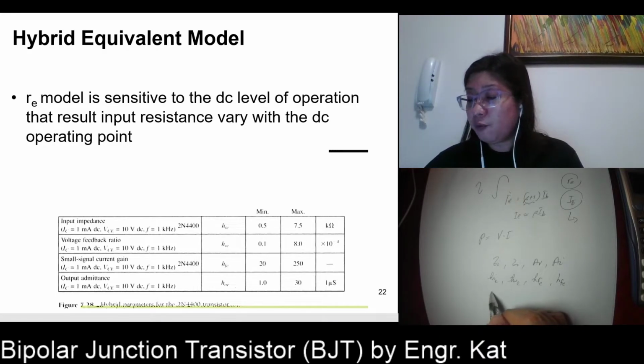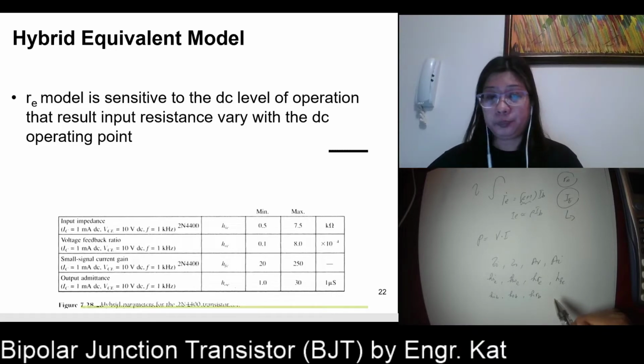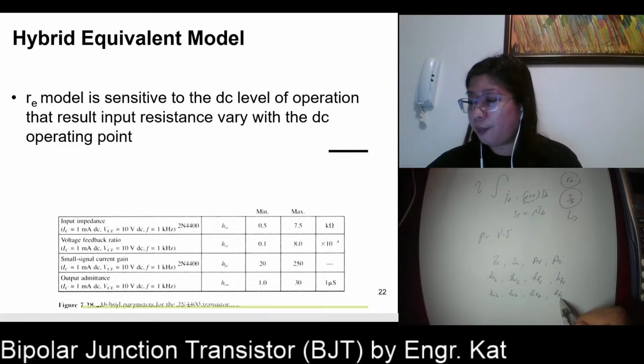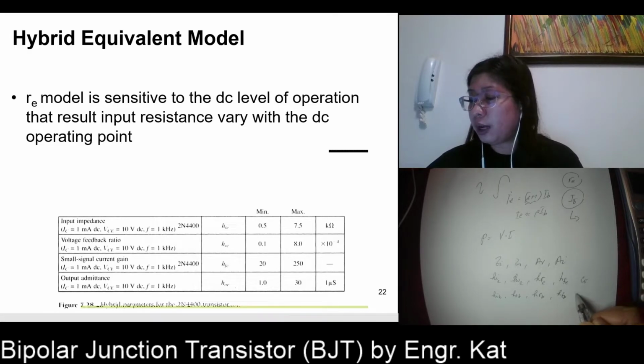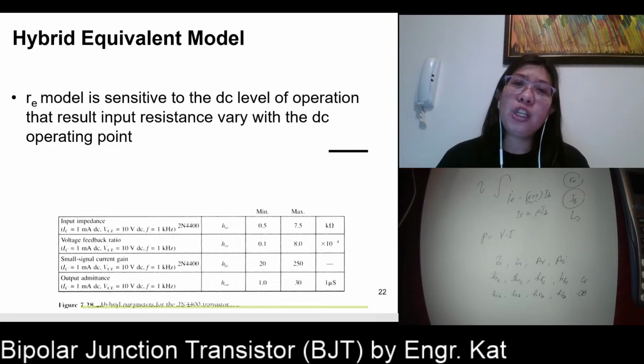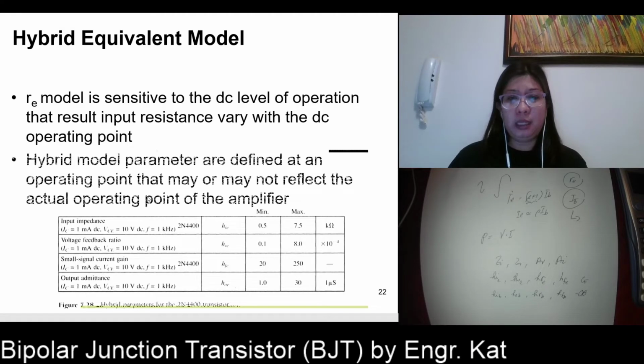For common base configuration, we call these HIB, HOB, HRB, and HFB. So this is for common emitter, and here is common base. Ma'am, we are not talking about common collectors. As we've mentioned before, common collector is not really used as an amplifier. Later we will be discussing that.